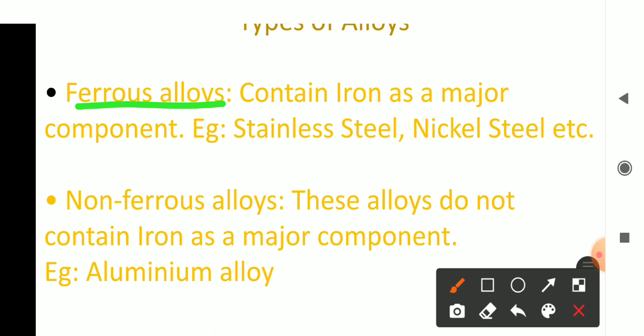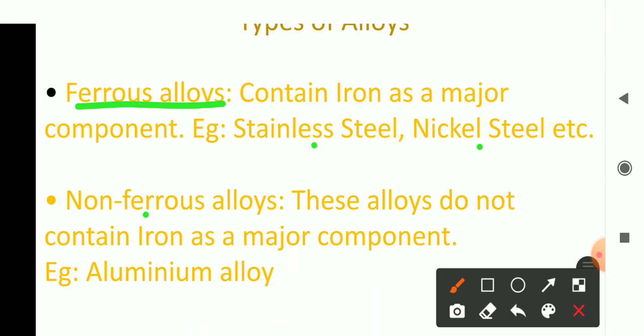In the case of ferrous alloys, the amount of iron will be in large quantity, and the examples are stainless steel, nickel steel, etc. So what are ferrous alloys? It is an alloy in which the quantity of iron will be the major one. The examples are stainless steel and nickel steel. Then secondly, non-ferrous alloys.